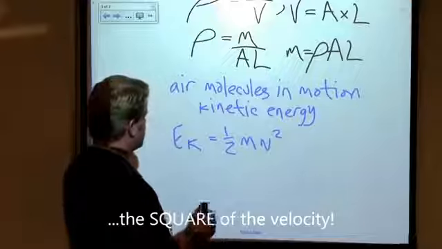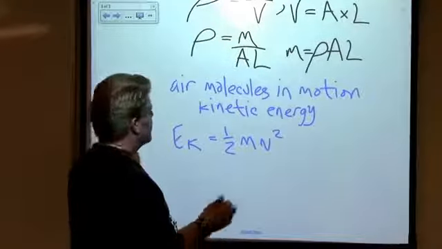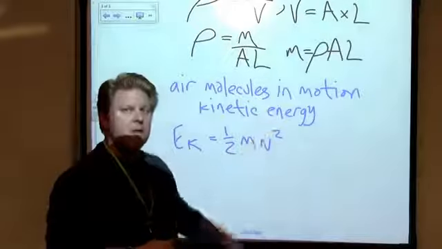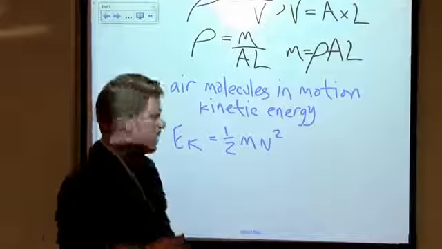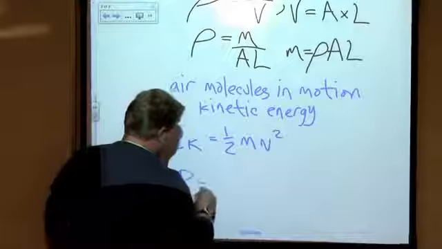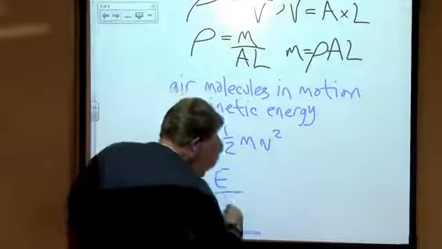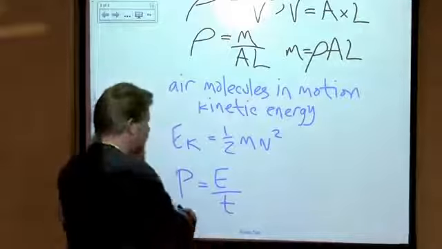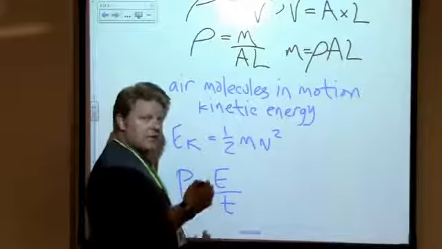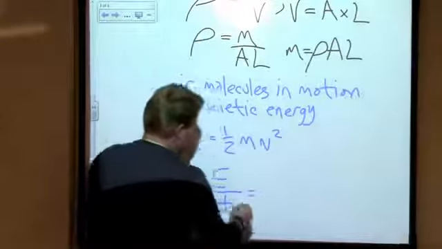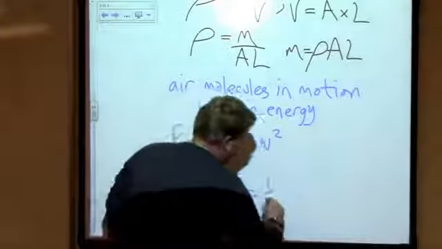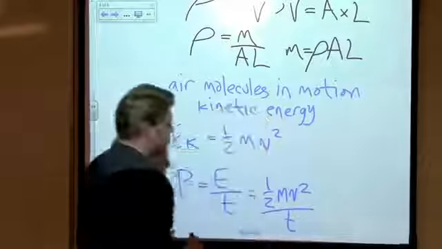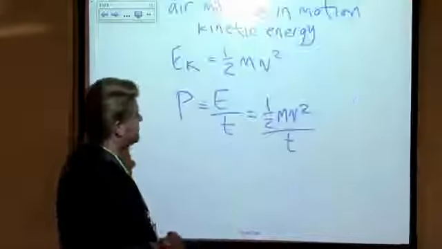All right, so what do we do? We don't really want the energy, we want the power that's available from the air moving across these blades, right? And we know that power is equal to the amount of energy that's available to us in some amount of time. So we can say that power is energy divided by time. And so let's plug in our energy term, 1/2 mv squared divided by time.